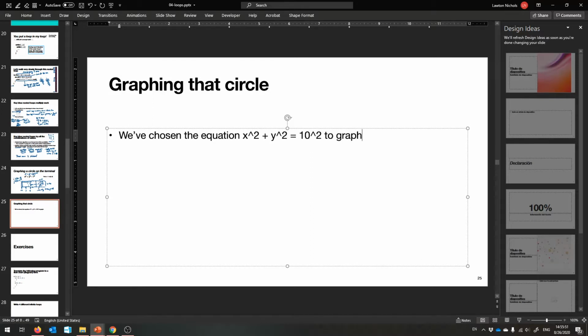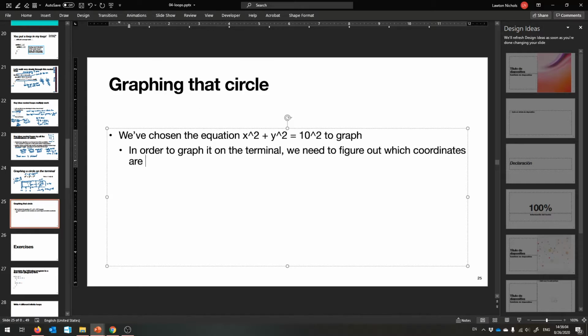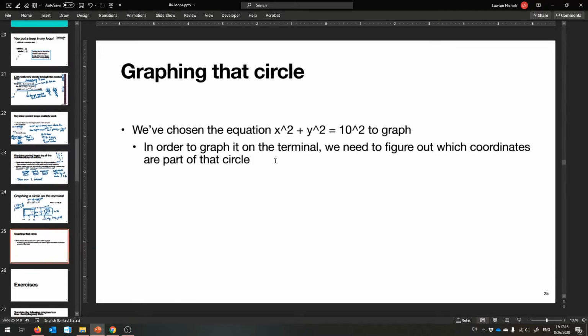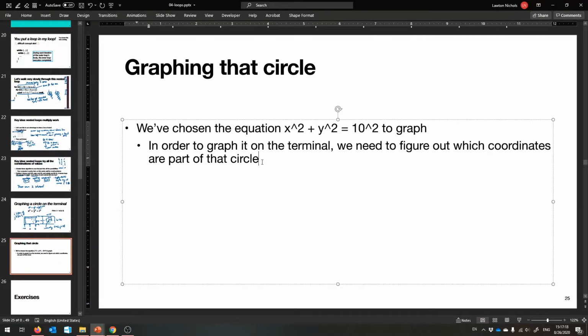In order to graph it, we need to determine which coordinates are part of that circle. Well, they are exactly the coordinates for which this equation holds. So as long as I can figure that out, I know where I'm graphing.